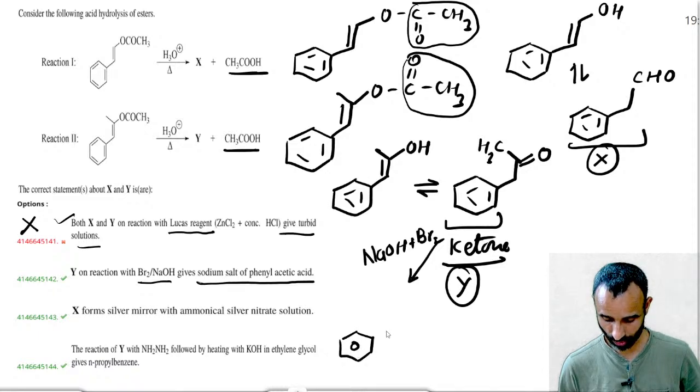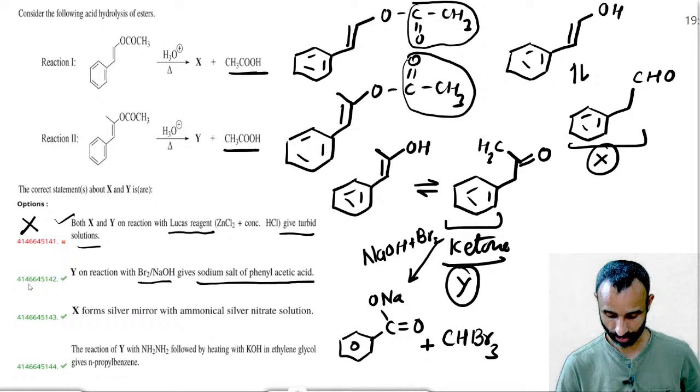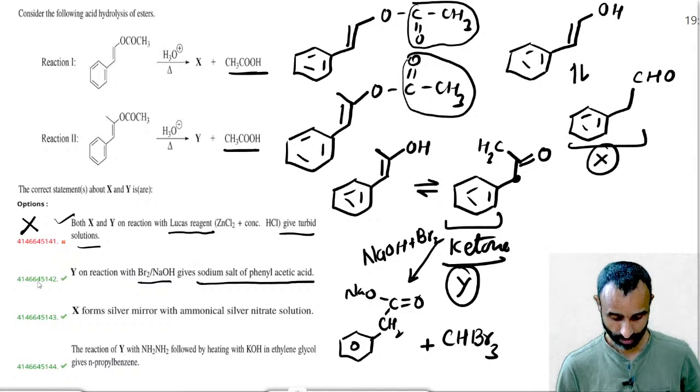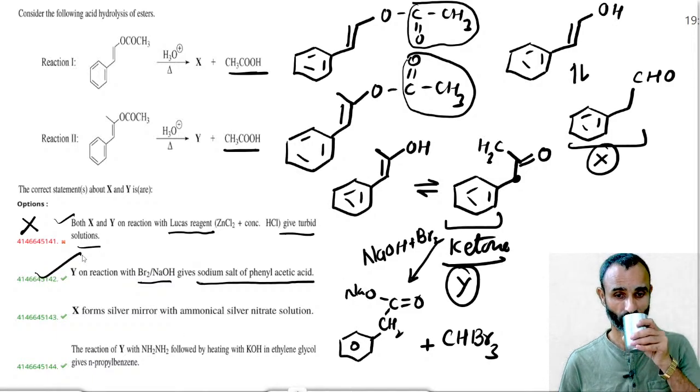In this case, C double bond O remains as such and it gives the sodium salt along with CHBr3. So the sodium salt of phenylacetic acid, CH2 and then COONa, right? That is correct.